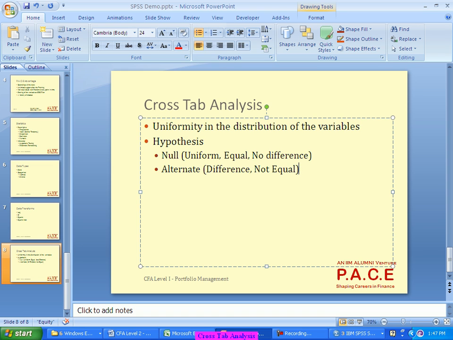If there is no evidence to disprove it, that assumption can still be continued. I'll always start with the null, and the null always contains uniformity, equality kind of stuff. So here I am starting with an assumption that there is no difference in the distribution between the two variables. They are uniformly distributed. So I should have some test which will say no, they are not uniformly distributed. Otherwise, I can go ahead with that assumption.